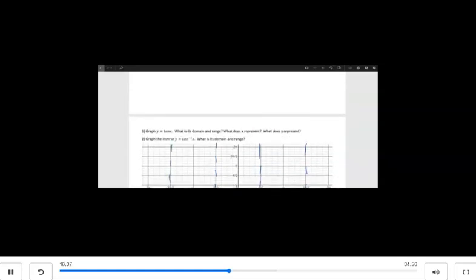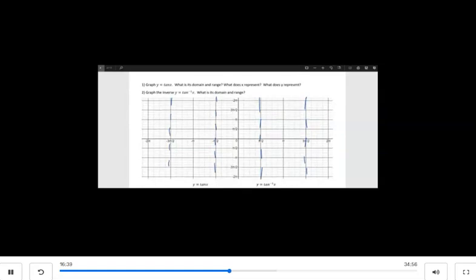We know that the regular tangent function has asymptotes at the odd integer multiples of pi over 2, and it's got x-intercepts at every integer multiple of pi. And so these sections are going to look like this, right?